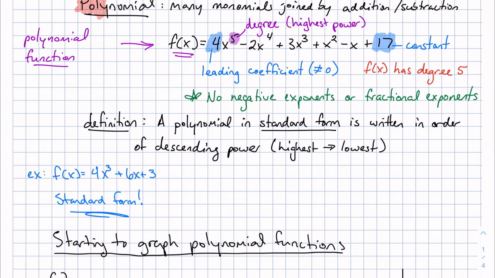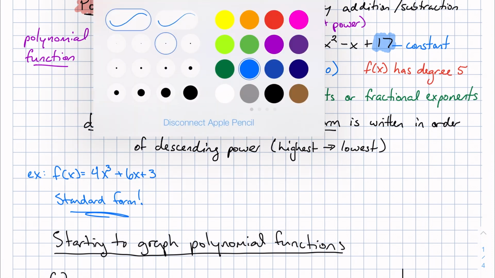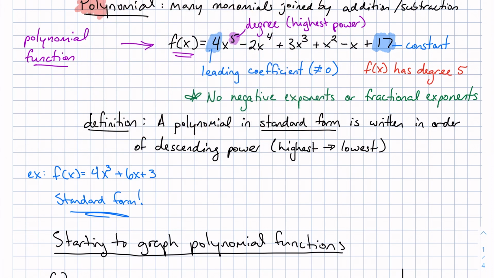There's no second degree here, but that's okay. We don't care. All we care about is my terms go from highest power to lowest power. We could say that my leading coefficient here is 4, and that this is a 3rd degree polynomial because my highest power is 3.